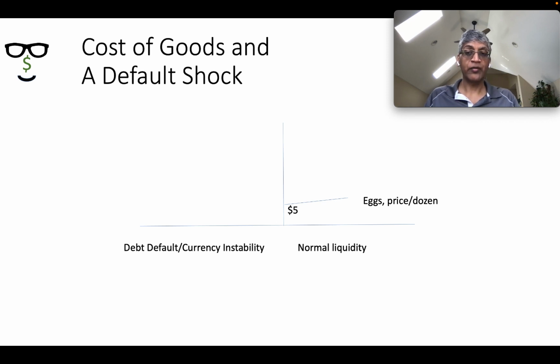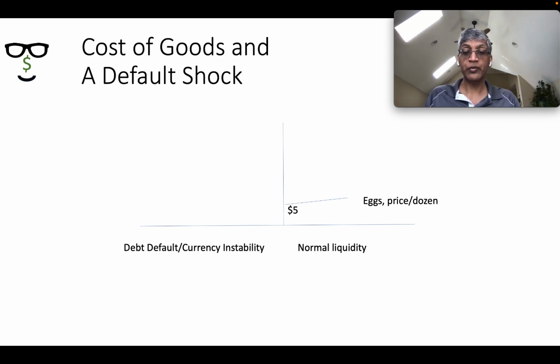And you are the owner of the egg. Would you want more of that currency or less? The answer is pretty simple. If the currency is unstable, you are going to want more per egg. In other words, the price of eggs will increase the more there is uncertainty around currency instability.